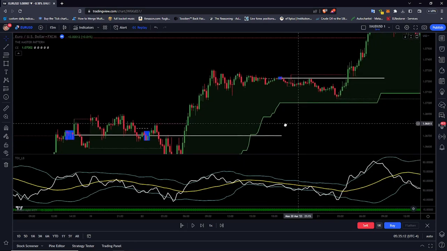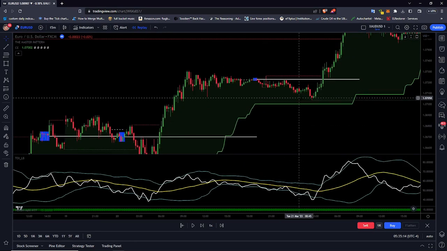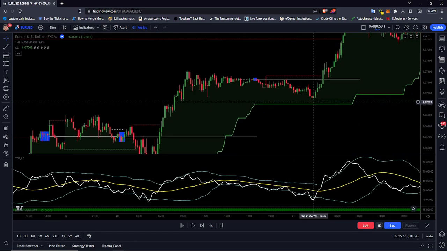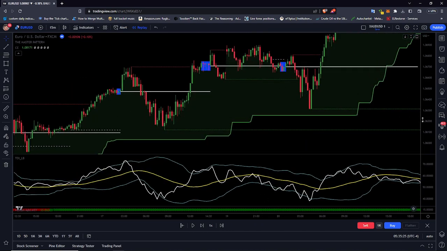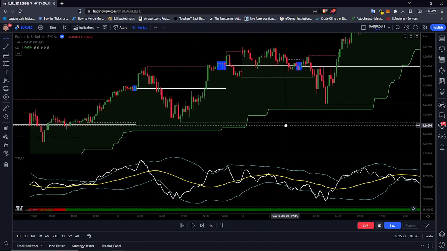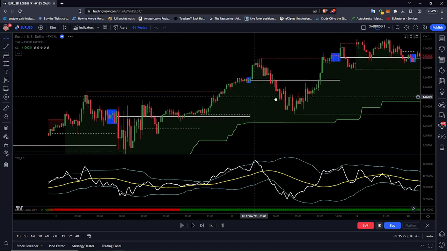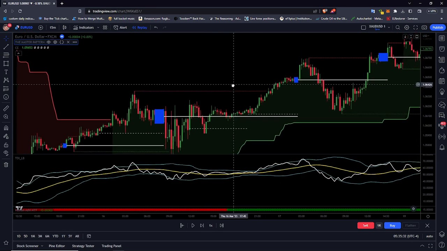Look how nice. Structure below value, very near the line. Shark fin, a very good place to buy and put your stop below that level. Very nice.